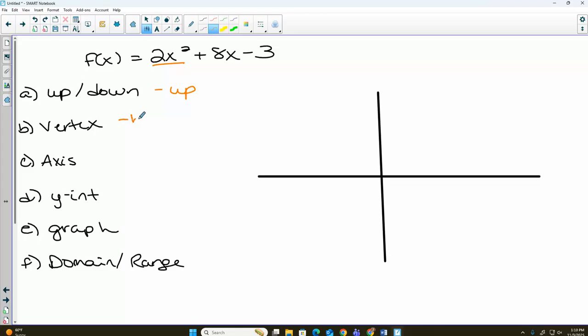x equals opposite b divided by 2a. So that would be negative 8 over 2 times 2. So I get negative 2. But the vertex is an ordered pair. That's just the x value. How do you find your y? Plug in negative 2 to the equation.